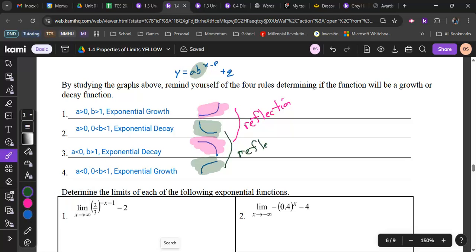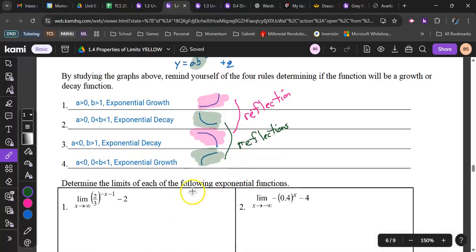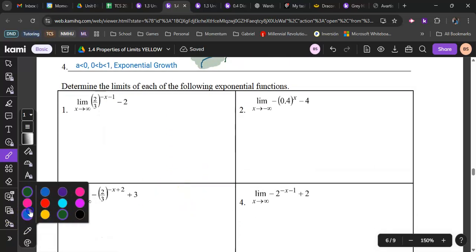These are reflections. Okay? All right, let's keep it going.